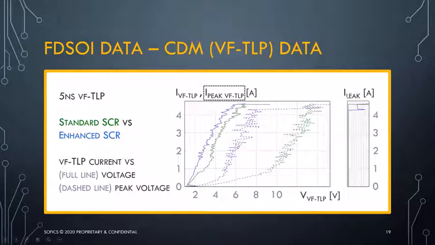Here in the blue curve, the enhanced SCR, you see the proper and desired response. With a standard SCR not having the proper techniques introduced, we see a problematic situation where there is a huge overshoot and real concern for the ability to protect ESD sensitive nodes during ESD.